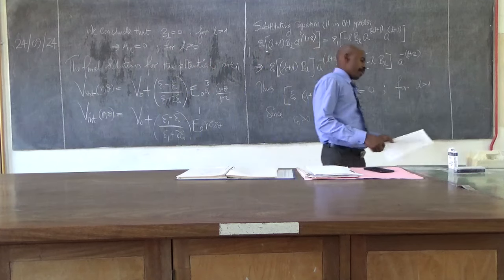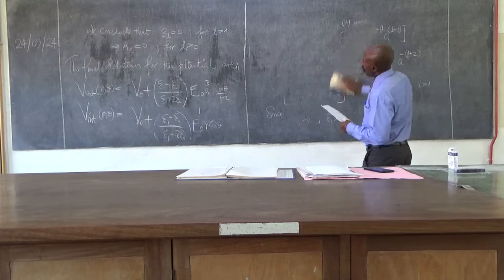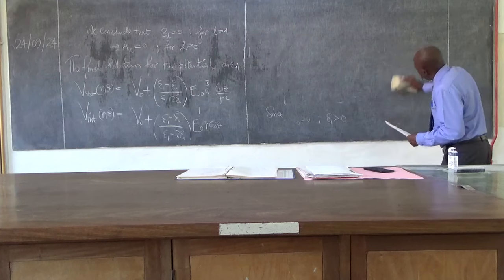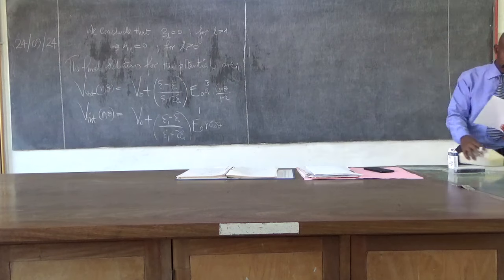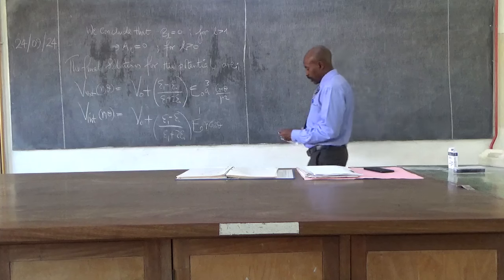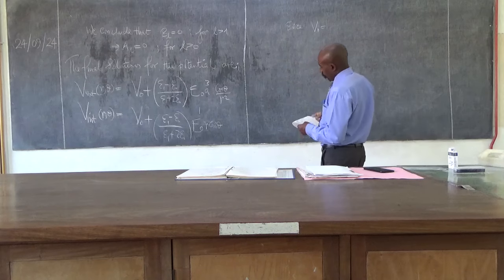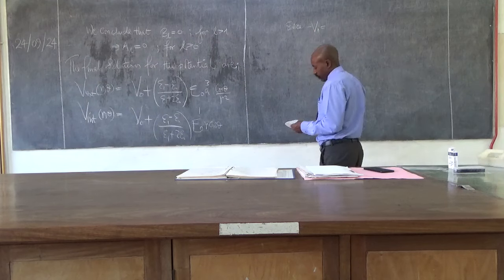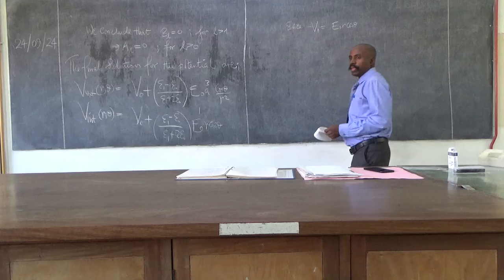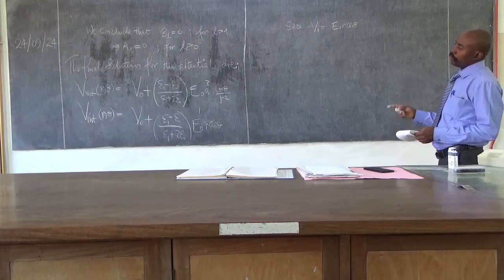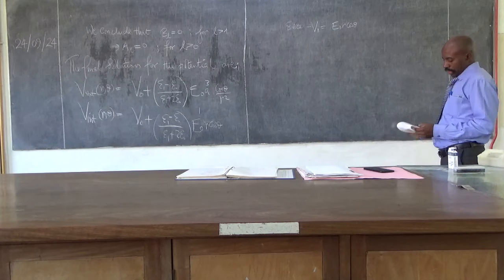Since V naught is the same as minus E naught R cos theta, when we substitute that, we will be able to make it look a little bit more fashionable. Since minus V naught is equal to E naught R cos theta, from minus grad V equals E, then we can get V naught at that.